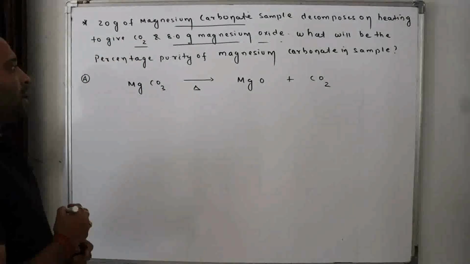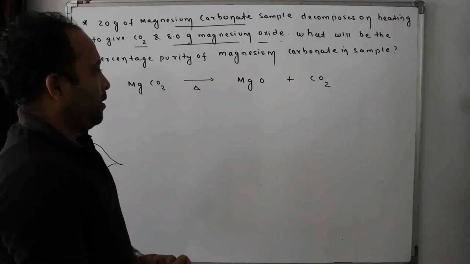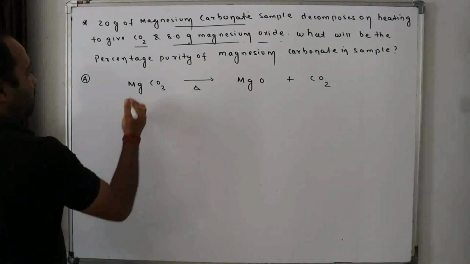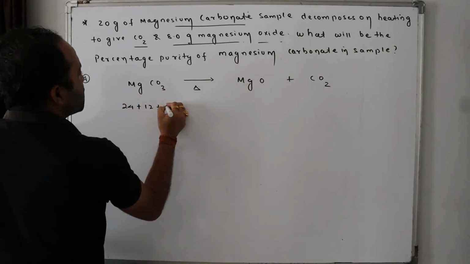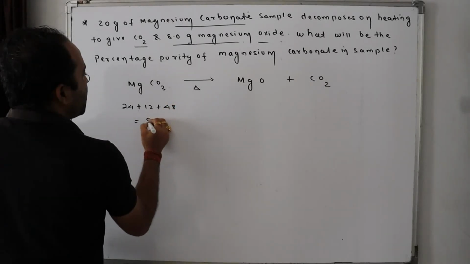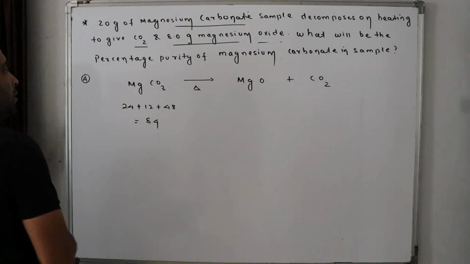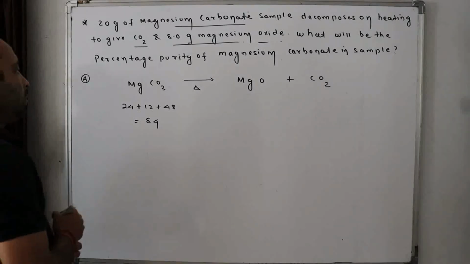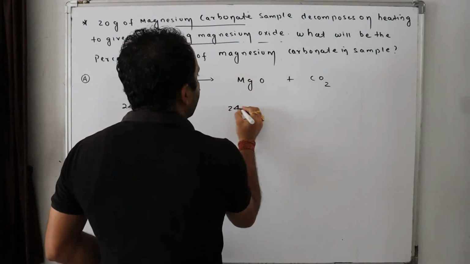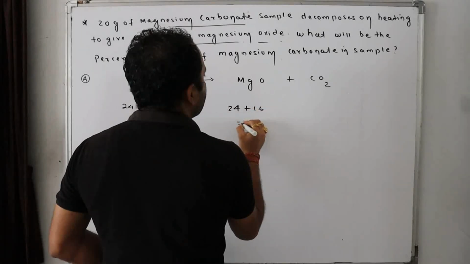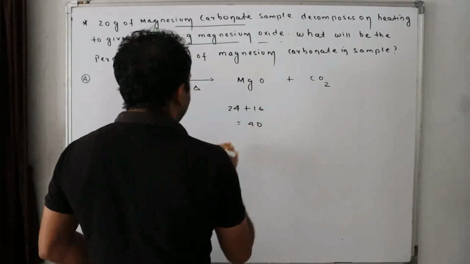Is this equation balanced? MgCO3 gives MgO plus CO2. Okay. Now, what is the mass here? Magnesium 24, carbon 12, oxygen 48, it comes approximately 84. Here magnesium 24, oxygen 16, it comes how much? 40.